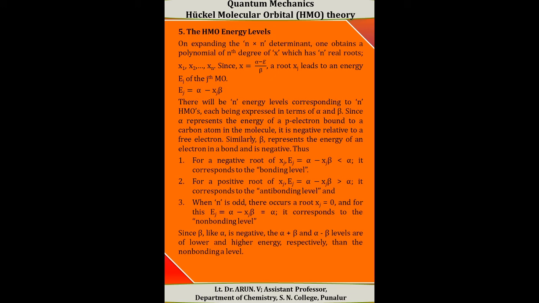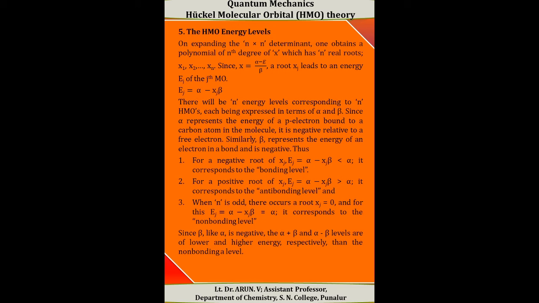Since alpha represents the energy of a p electron bound to a carbon atom in a molecule, it is negative relative to the free electron. Similarly, beta represents the energy of an electron in a bond, and its value is also negative. It is already mentioned just above this slide.